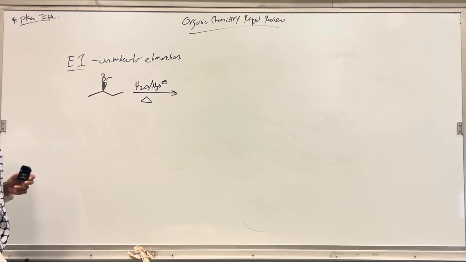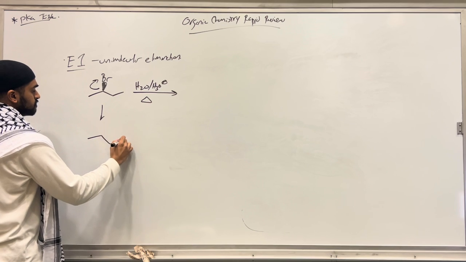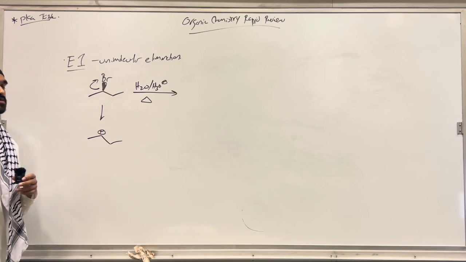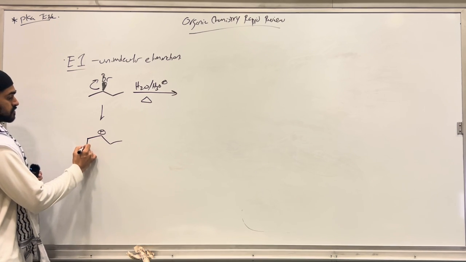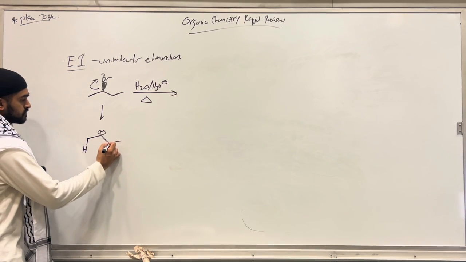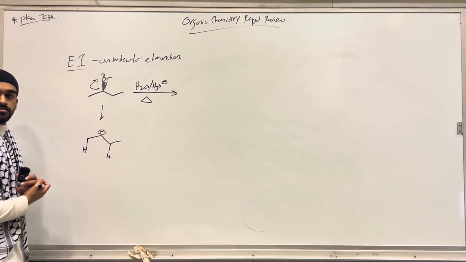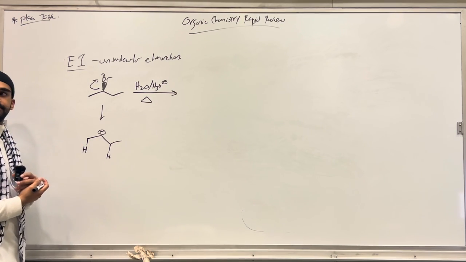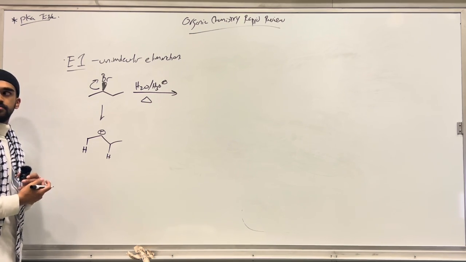First step. Then? The beta hydrogens, right? One of them gets blocked off. Which one? Whichever one's going to make it more substituted. So the one on the right.